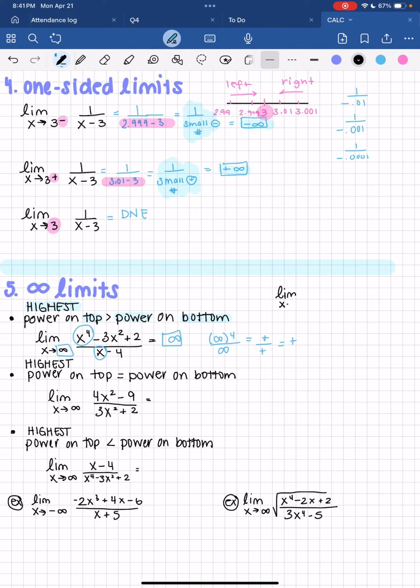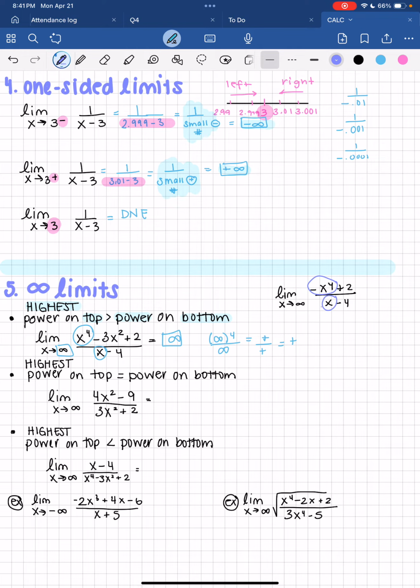So let's say the limit as x approaches infinity of negative x to the fourth plus 2 over x minus 4. Same thing: circle the highest power on top and bottom. But because this leading term has a negative 1 in front, this is going to go to negative infinity.